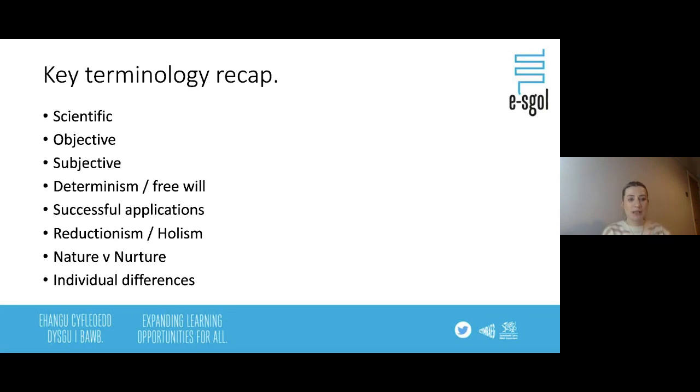Okay, so start from the top. The word scientific. If something's scientific in psychology, it means that it is a standardized measure, that it is something that maybe cannot be manipulated or changed. And this is quite often a strength of an approach.